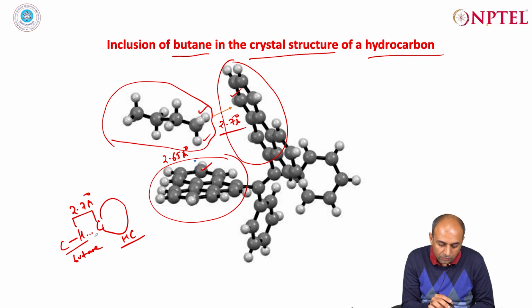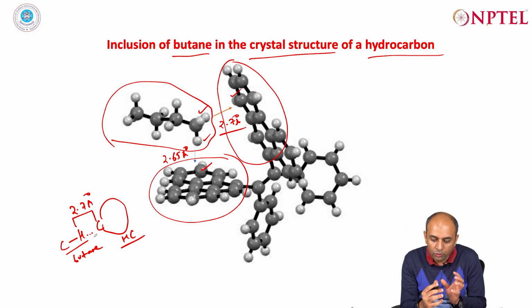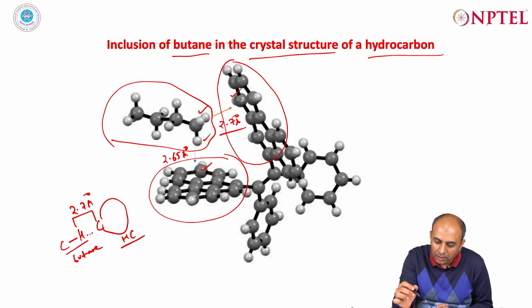This is fairly close to the sum of the van der Waals radii, because the van der Waals radius of carbon is around 1.7 plus hydrogen 1.2, so around 2.9. So this is in fact less than the sum of the van der Waals radii. That tells you there is a close association, and a substantially strong approach of the hydrogen towards the aromatic carbon. These distances are quite short.